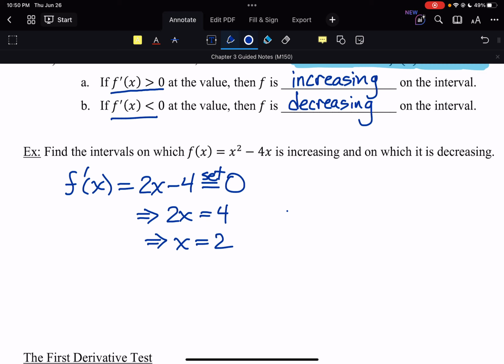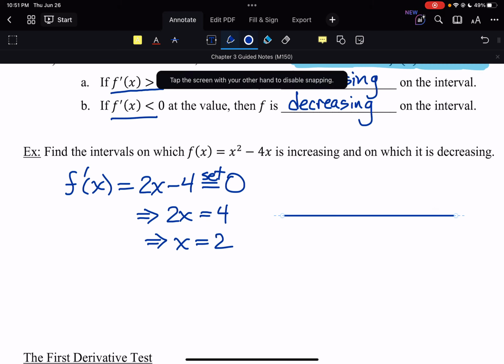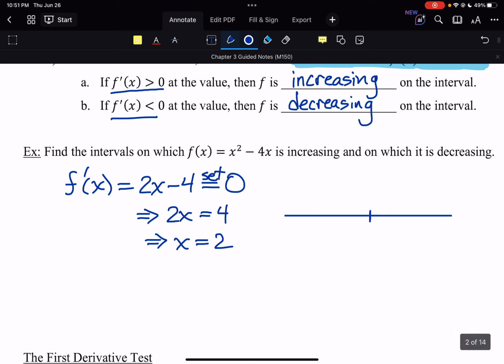Now we can set up our number line. And we'll put our critical value on there. And now we need to check values around that critical number and see what the derivative is doing at those values.